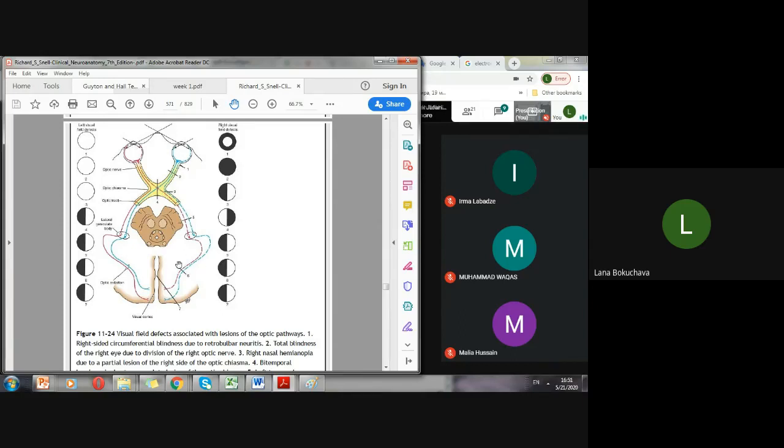The same happens in number 5, which you can see here, the same happens for number 6, and the same for number 7. So everywhere, because after the optic chiasm there is no difference, let's say like that. As a result, we have the same type of manifestations.